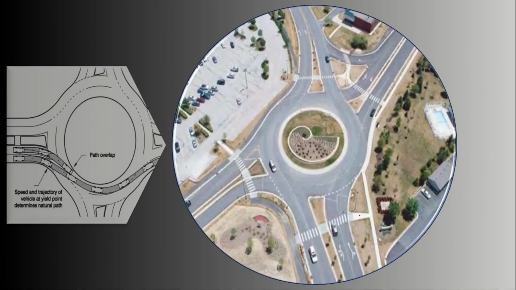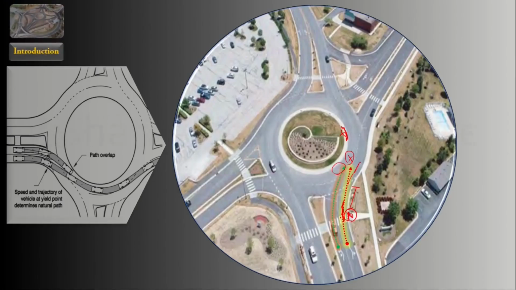As we now know, the alignment of the right hand side of the entry and the central island should dictate enough deflection to entering traffic paths to make them slow down. But if we place it too close to the entry, then the driver won't have enough time to change its path so as not to end up on the wrong lane in the circle in presence of adjacent traffic.